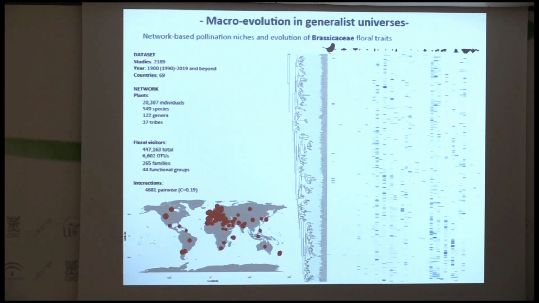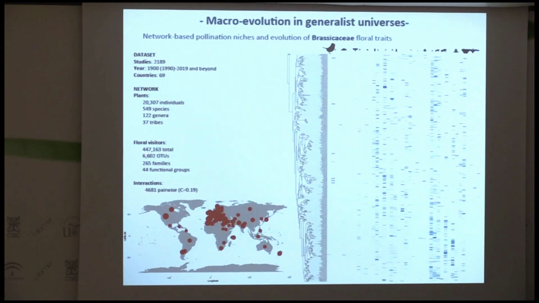Brassicaceae has 5,000 or so species. This is a good proportion, belonging to this number of genera, but what's most important, to this number of tribes that are the main lineages of Brassicaceae. There are 50 lineages. This is well sampled; it's very spread along the phylogeny of the Brassicaceae.